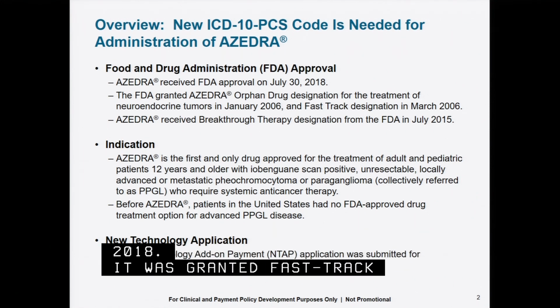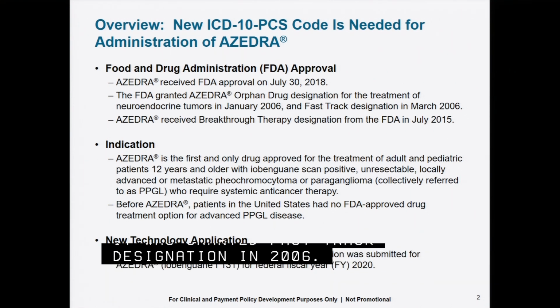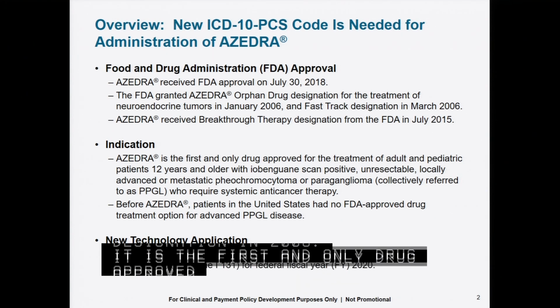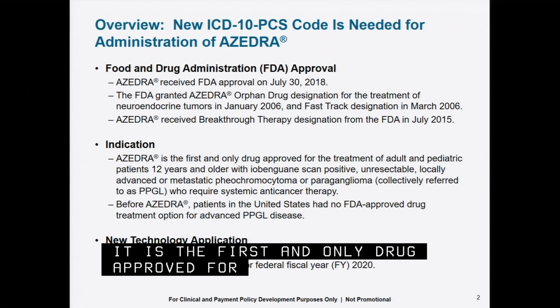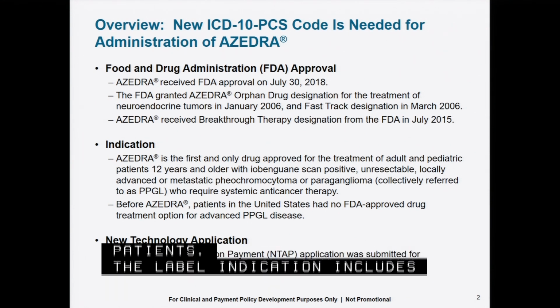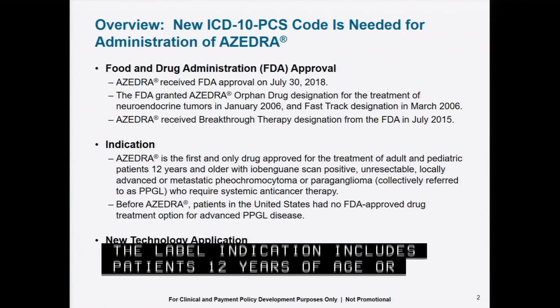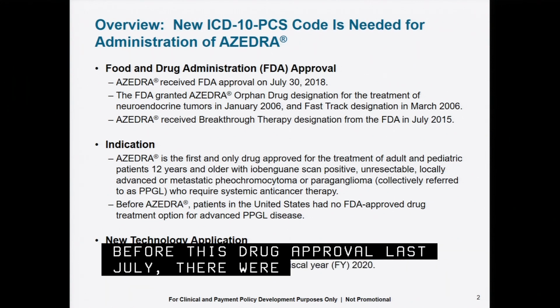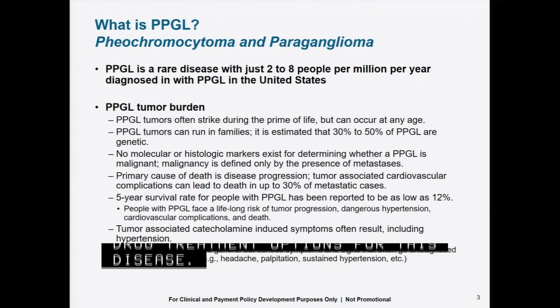It is the first and only drug approved for the treatment of adult and pediatric patients with pheochromocytoma and paraganglioma, and the label indication includes patients 12 years of age or older with scan-positive, unresectable, locally advanced or metastatic disease requiring systemic anti-cancer therapy. Before this drug approval last July, there were no FDA-approved drug treatment options for this disease. And a new technology add-on payment was submitted for FY 2020.